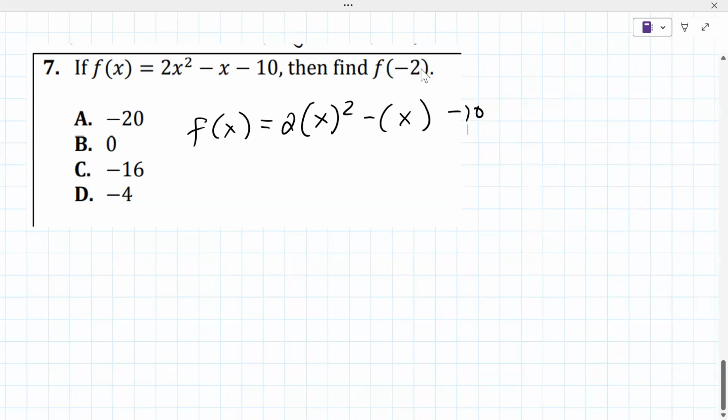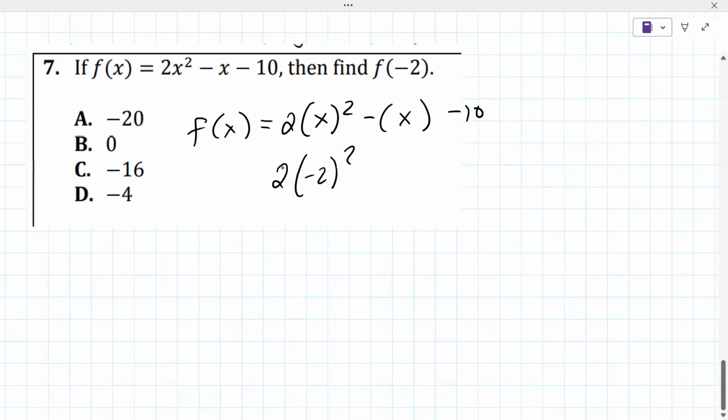You're basically putting -2 in wherever you see an x, and then you're following order of operations. Would it be 0? Take a look.